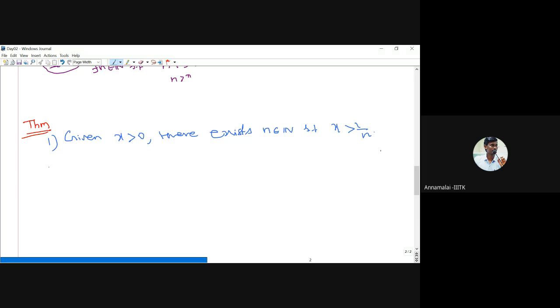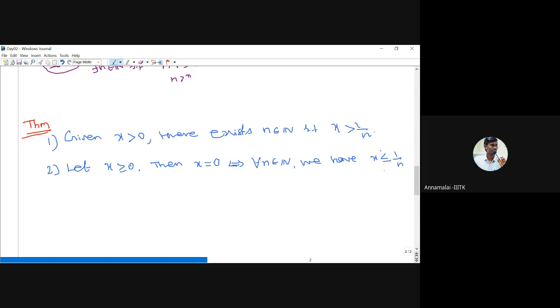Now the second theorem. Suppose x is greater than or equal to 0. Then x equal to 0 if and only if, to prove a number is 0, it is enough to prove that for each n in N, x is less than or equal to 1 by n.